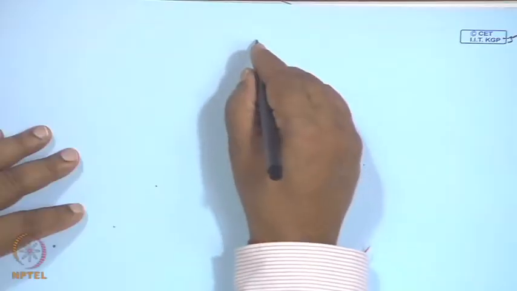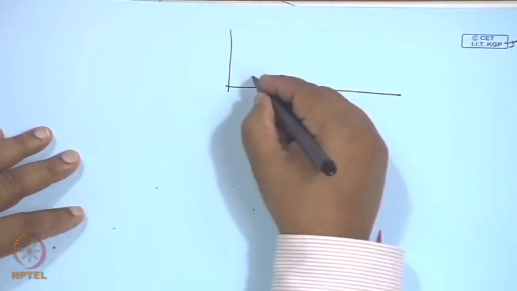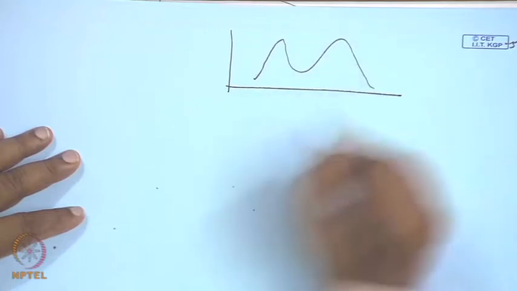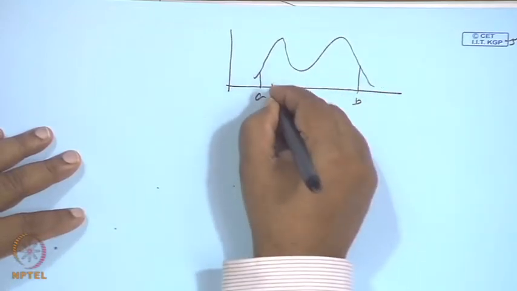However, both are equivalent ways of defining it, but this one is a better way, because you are explicitly constructing the sum and then seeing the things. Suppose I have a graph of the function like this, suppose this is our a, this is our b, and let us partition it.